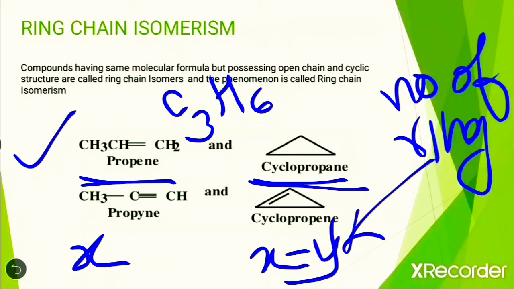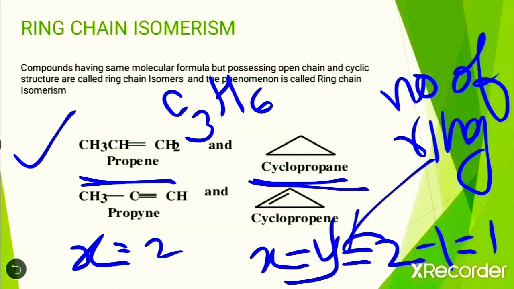In propyne the number of pi bonds is 2, and in cyclopropene we calculate: X is 2 and the number of rings is 1. Therefore over here the number of pi bonds is 1. In this way we can calculate the number of pi bonds in a cyclic compound by knowing the number of pi bonds in the open chain.